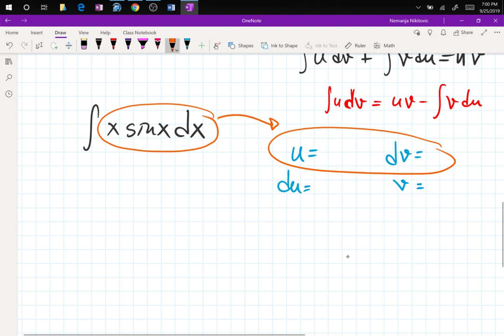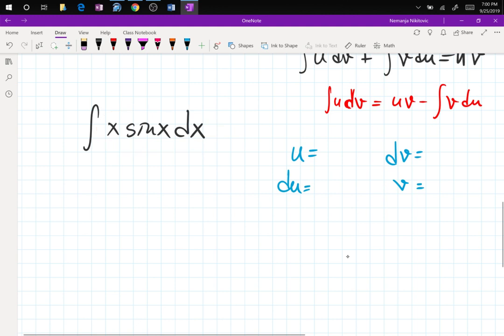There is no magic way of doing this, and trust me, essential oils won't help. So they never do. So I'm going to start this by placing an x here, and then sine x dx in here. So why am I placing an x with u?